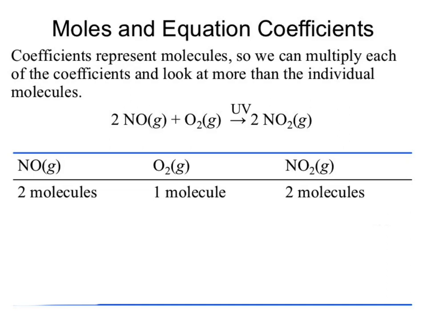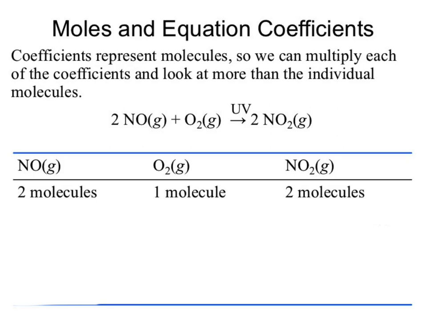I can call out names if that's easier. Two what? Two NO. What is NO? It's a gas. It's an atom, molecule. Molecule. When we look at a chemical equation, it's that single piece. It's a molecule.